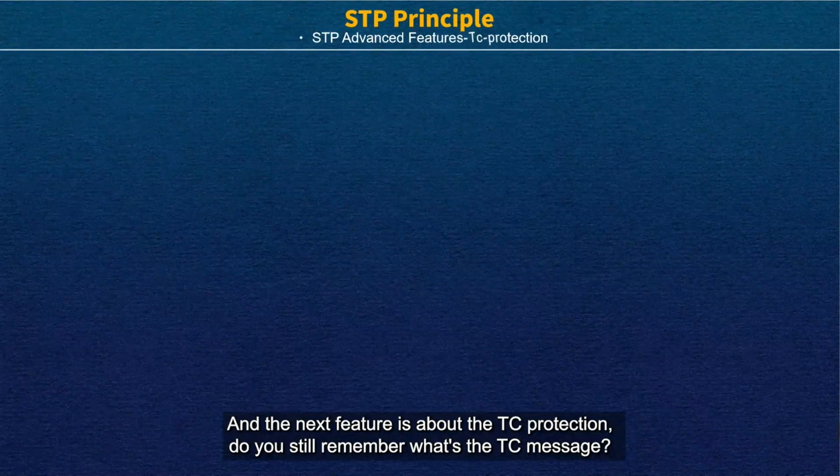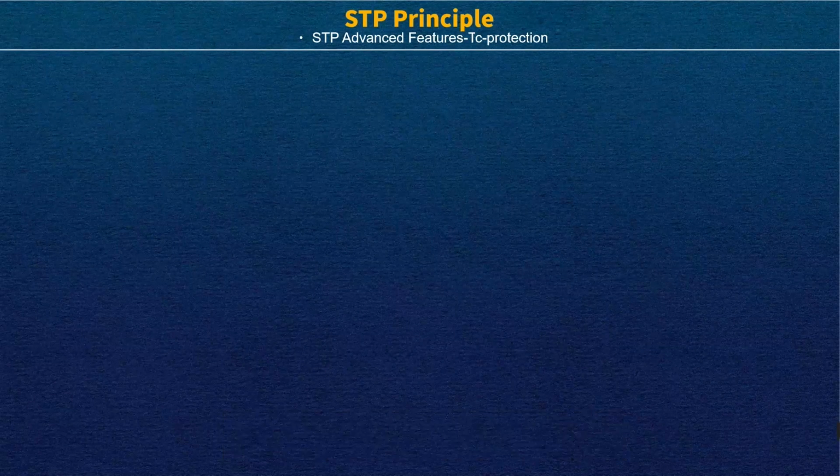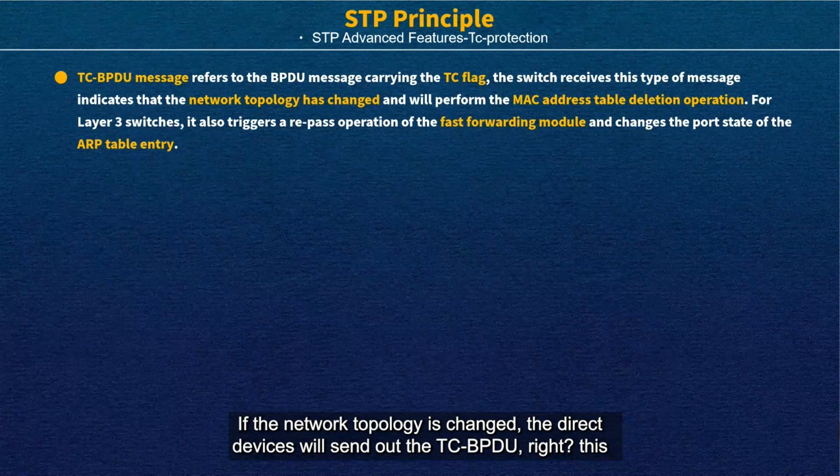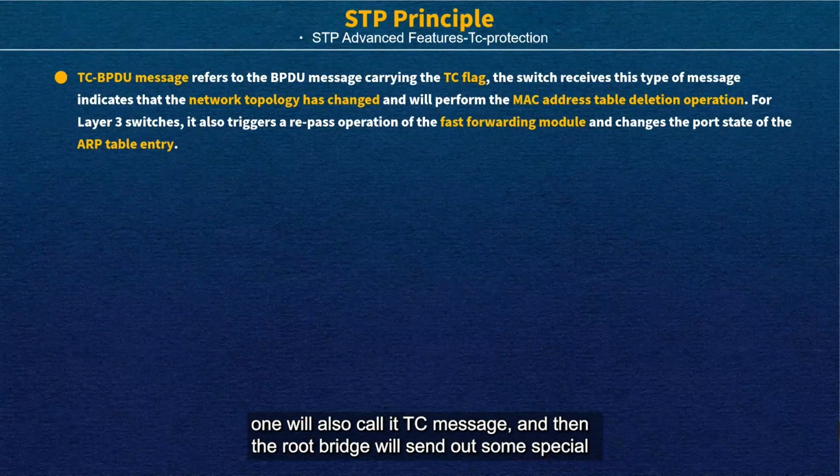And the next feature is the TC protection. Do you still remember what the TC message is? If the network topology is changed, the designated devices will send out the TC BPDU, right? This one we also call a TC message.